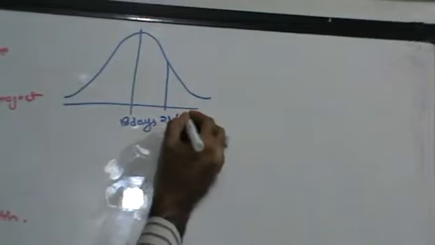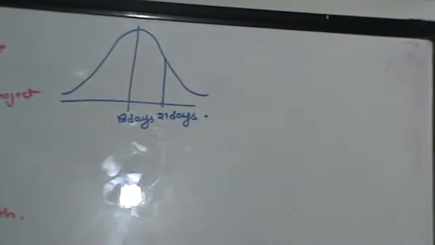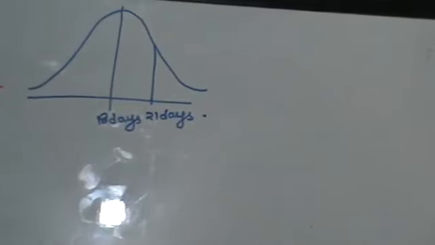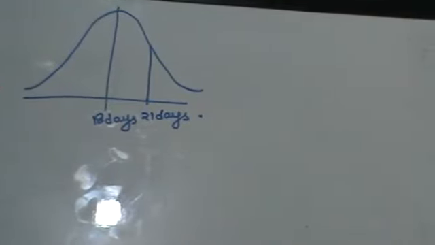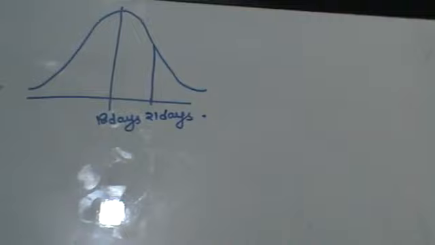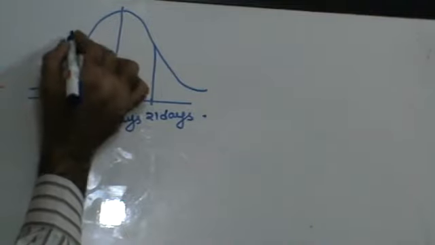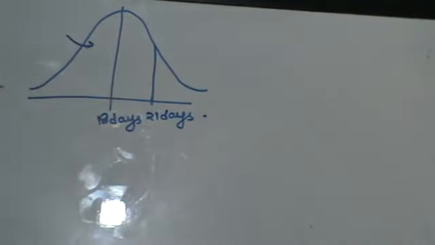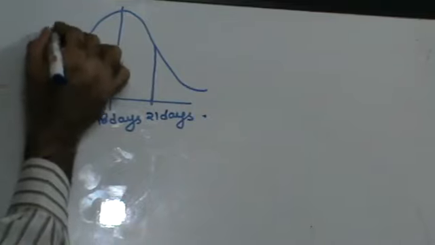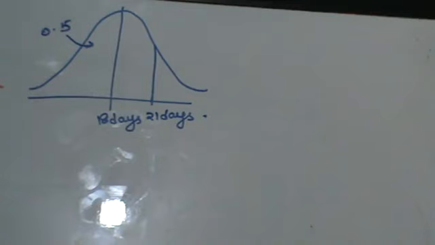Now what is my normal variable for 21 days? You just found out that the normal variable for 21 days is 1.26. We also know that the bell curve is divided into two identical halves. The area of each half is 0.5. So the area of the first half, the first 50%, will be 0.5.